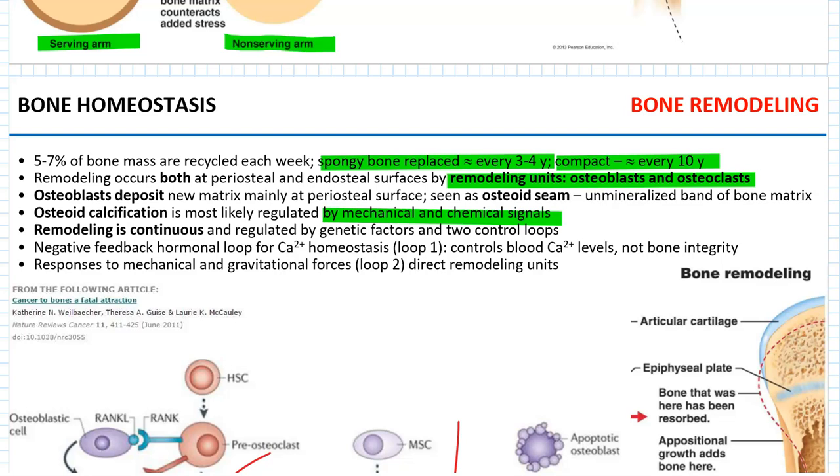Now, remodeling is regulated by a hormonal loop for calcium homeostasis. Okay? So calcium homeostasis is concerned only about blood calcium. It's not concerned with the bone resilience.